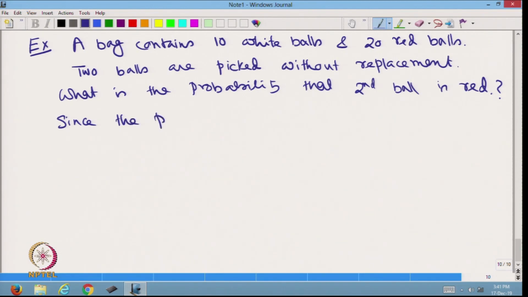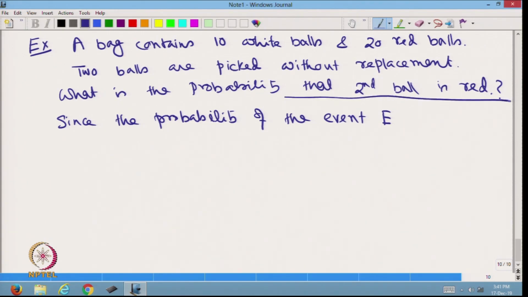the probability of the event E, that the second ball is red, depends upon the color of the first ball picked.